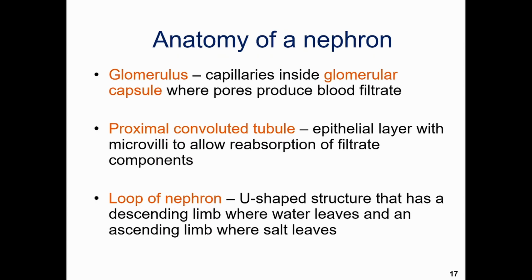The proximal convoluted tubule, that first kind of twisty bit, is going to be an epithelial layer. It has microvilli, and we're going to be reabsorbing certain components, mainly reabsorbing things that are still really useful. We dive down to the loop of nephron, right, or the loop of Henle, which is that U-shaped structure where we dive down, and this is where we're going to be worried about retaining water and salt. So reclaiming water, reclaiming salt.